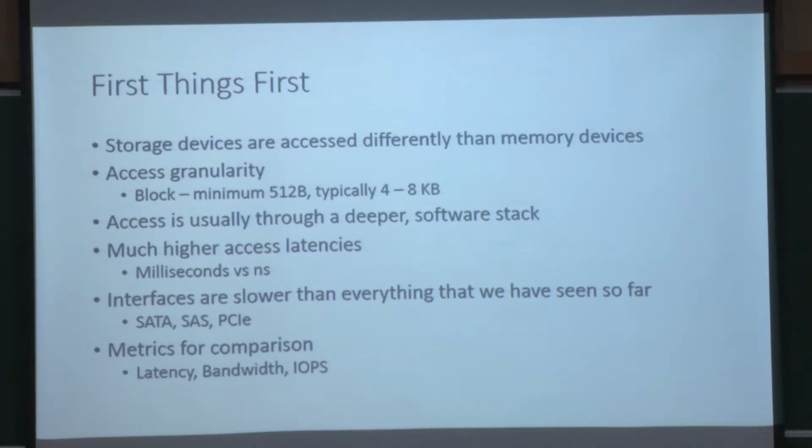That is determined by the bit size of your ISA. Is it 32-bit? Is it 64-bit? And that's the granularity at which information is exchanged between the processor pipeline and the caches, right? But when you're talking storage devices, you tend to have much higher access granularity, which is essentially 512 bytes at least, if not bigger.